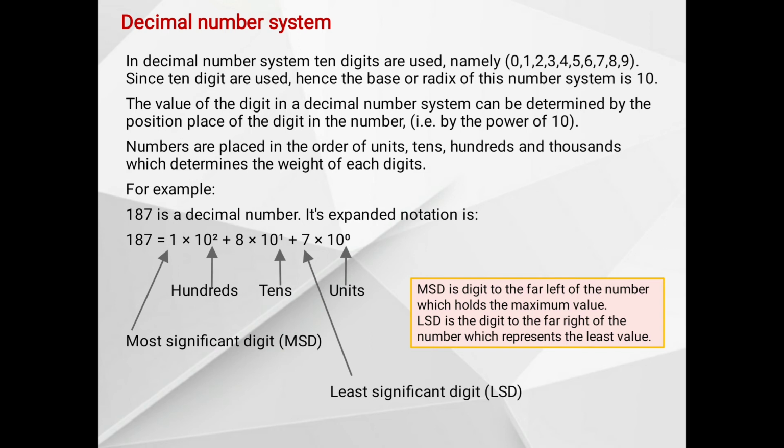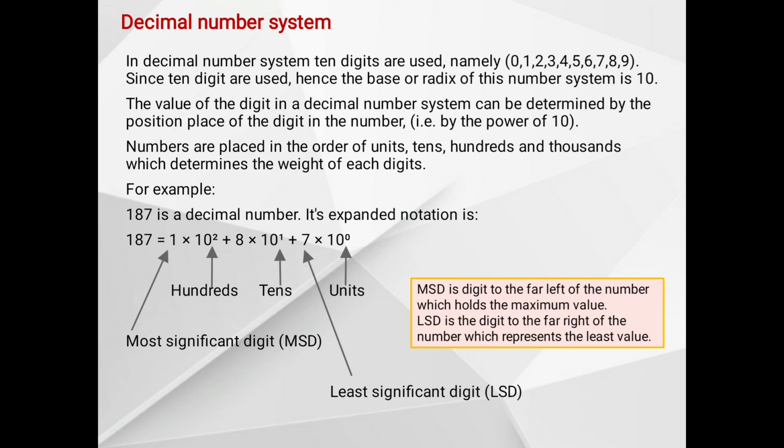Okay. So according to that, we have what is called the most significant digit, MSD, and the least significant digit, LSD. The MSD is the digit to the far left of the number which holds the maximum value. In this particular example, the digit 1 holds the value 100.